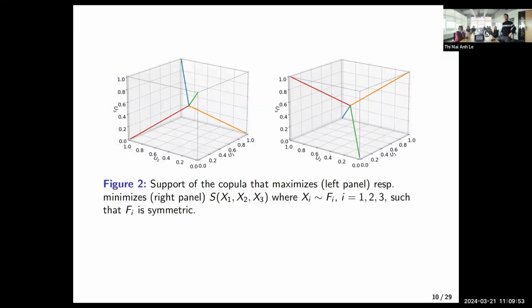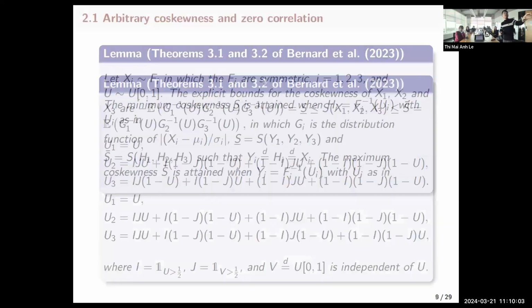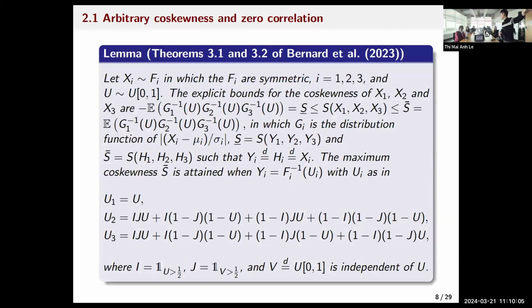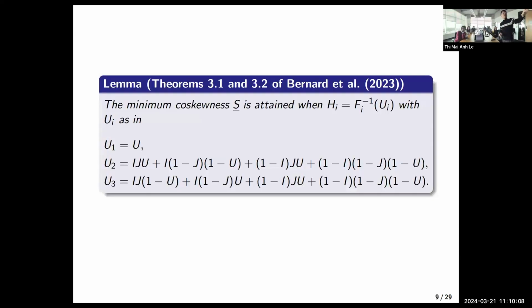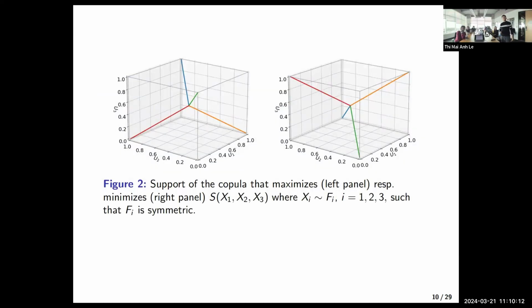Figure 2 shows the support of copulas that maximize and minimize the coskewness for the symmetric marginals. That is, we show the plot of these expressions and these expressions. The left panel is the plot for the maximizing case, and the right panel is the plot for the minimizing case.